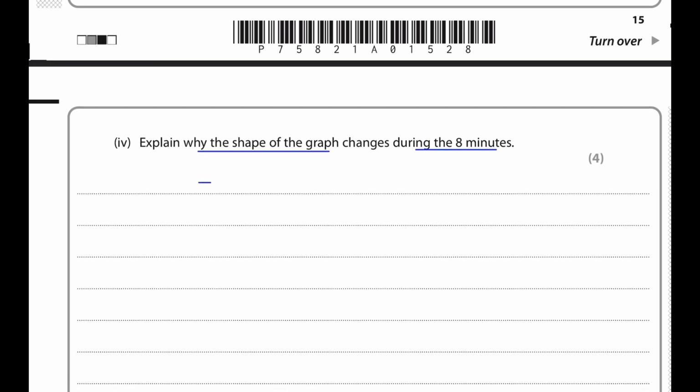First one is the curve is steepest at the start because the reaction is fastest.